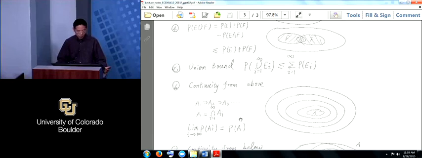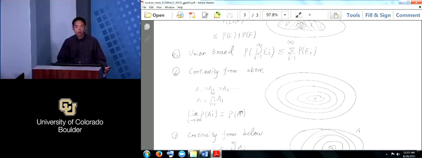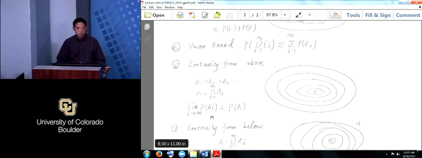continuity. So recall the continuity in calculus. In calculus, it's a function of numbers, right? You map number to number. And when you define a limit, the distance of the input is going to 0, and then the output of this function converges.